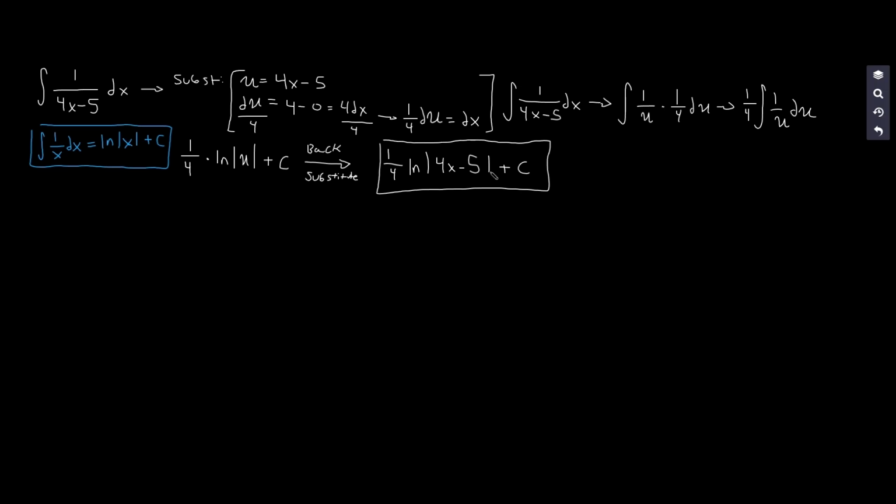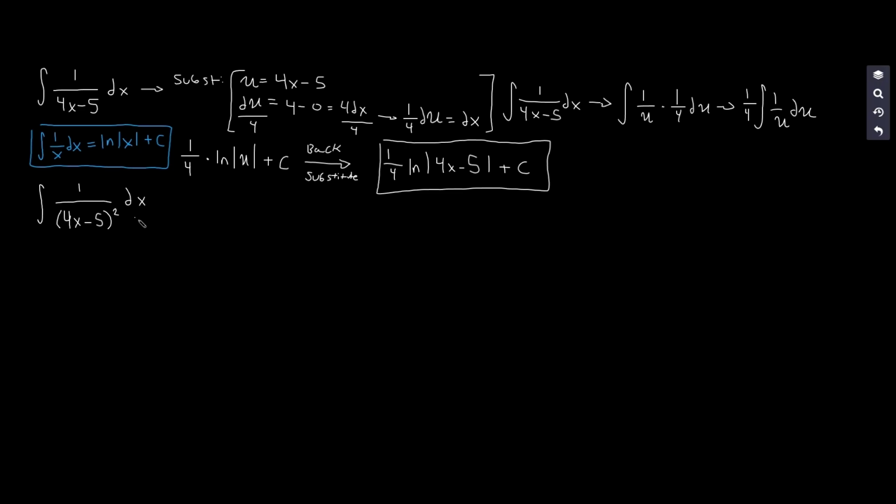Now, the same trick works for a power of a linear factor in the denominator. So for an example, if we have that exact same thing, and I'm just copying this from up here, except I'm going to square the entire thing in the bottom. That is the indefinite integral of 1 over 4x minus 5 quantity squared, integration with respect to x.